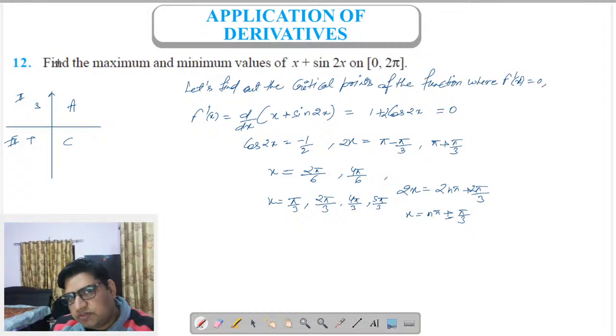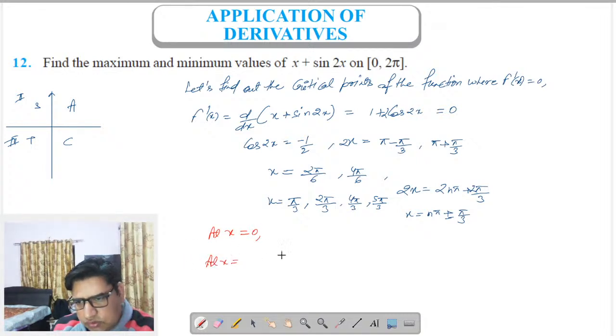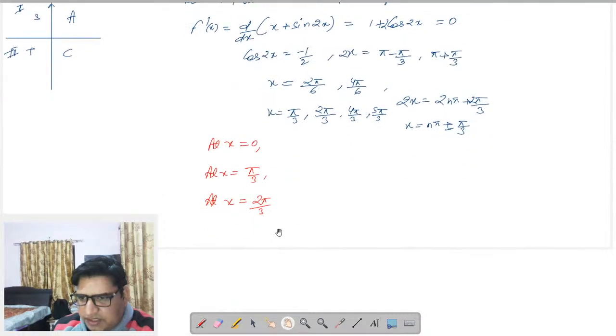So let's start from the first point. At x is equal to 0, then at x is equal to pi by 3, then at x is equal to 2 pi by 3, then at x is equal to 4 pi by 3, then at x is equal to 5 pi by 3, and at the last we'll have x is equal to 2 pi.